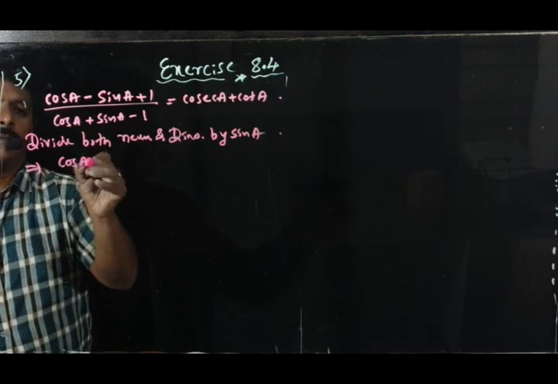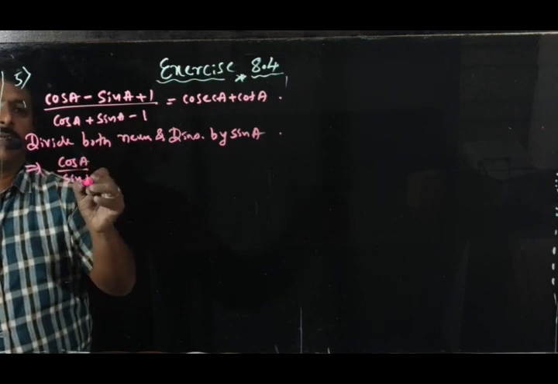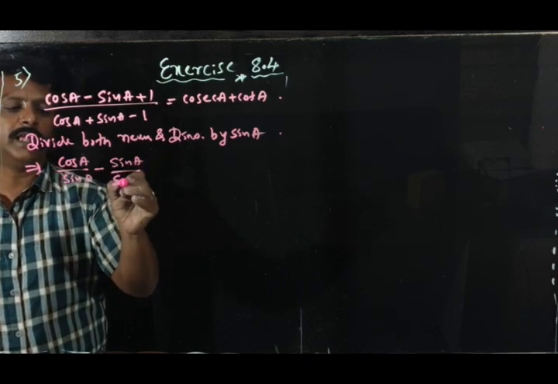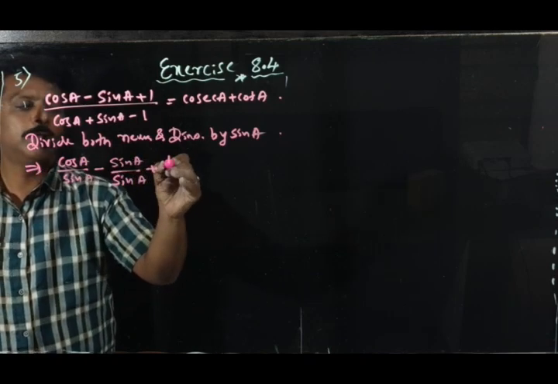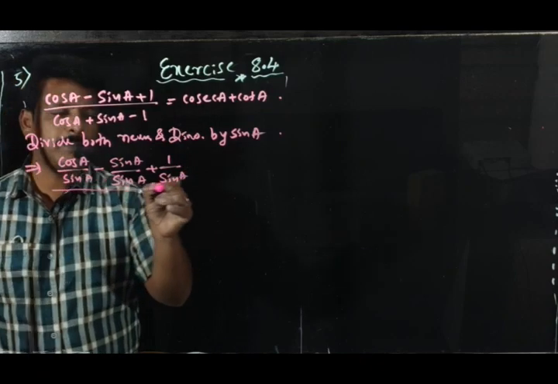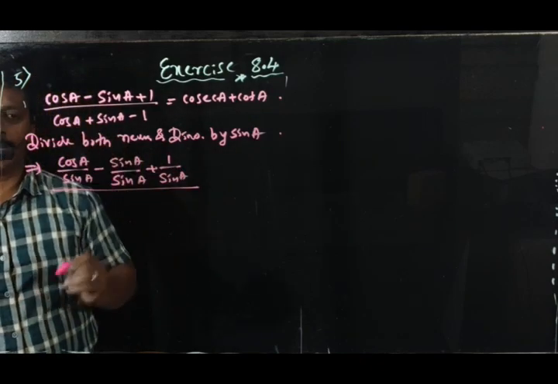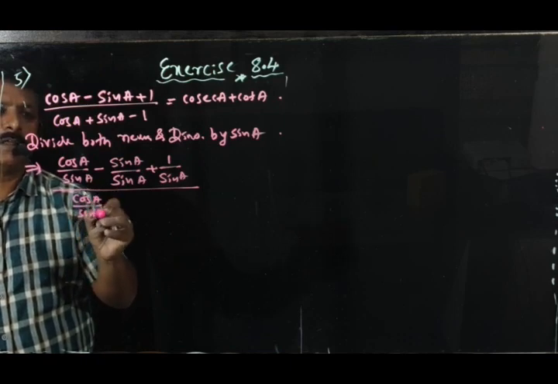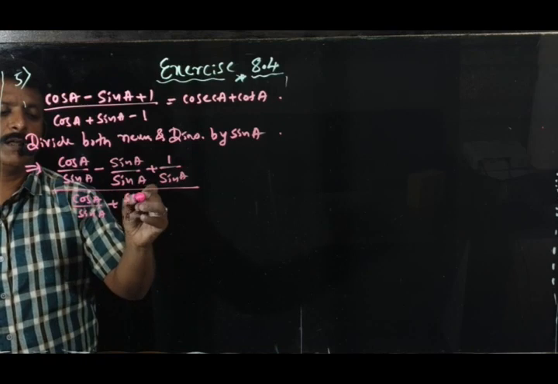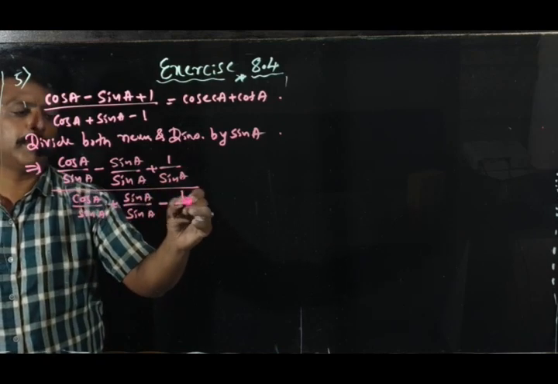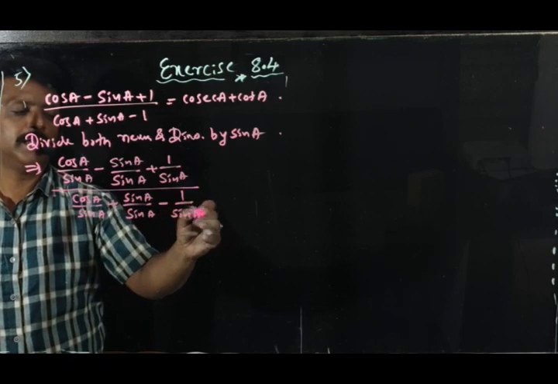Cos A by sine A minus sine A by sine A plus 1 by sine A, whole divided by, I will do the denominator also the same, cos A by sine A plus sine A by sine A minus 1 by sine A.